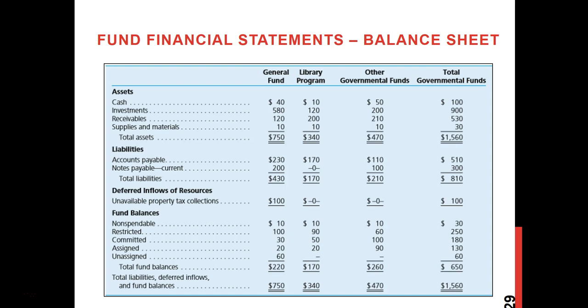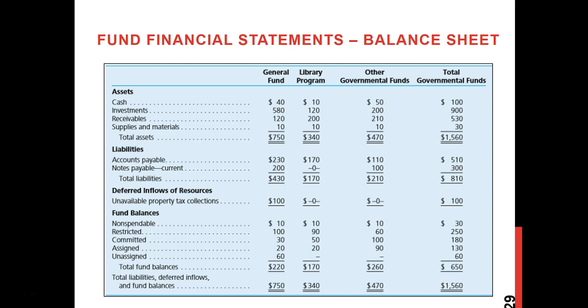So if you would like to focus on these fund balance categories, you will see different names, like nonspendable. If you read the names carefully, you will get some idea what they mean. For example, nonspendable means this is the amount of the fund that cannot be spent.